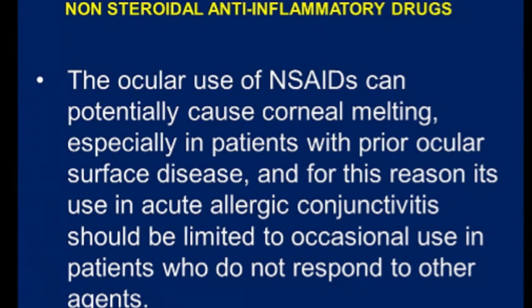So NSAIDs can also cause cornea melting, especially in patients with prior ocular diseases like cornea ulcer or cornea thinning. For this reason, its use in acute allergic conjunctivitis should be limited to occasional use in patients who do not respond to other agents. The reason they mention acute allergic conjunctivitis is that there is a tendency of cornea thinning.